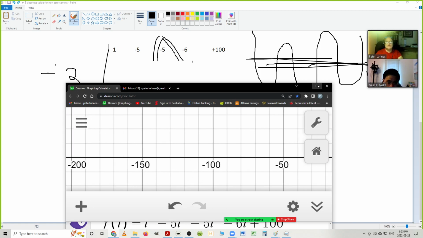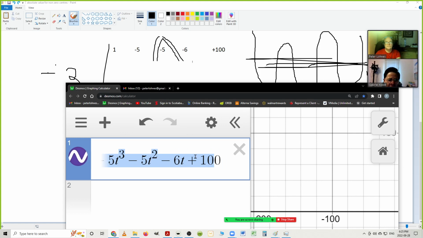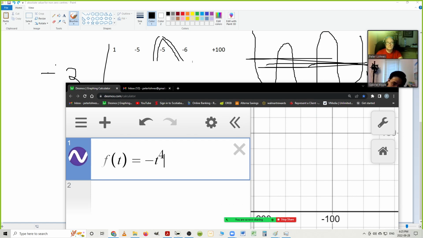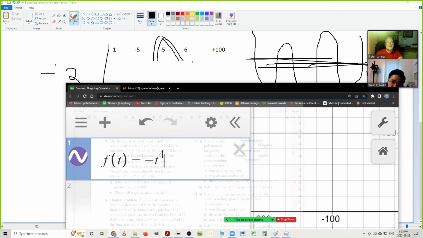And I'm going to make sure, let's see if I can do it without doing that. There it is. Okay. Negative t to the 4 plus 5t cubed and 5t squared.